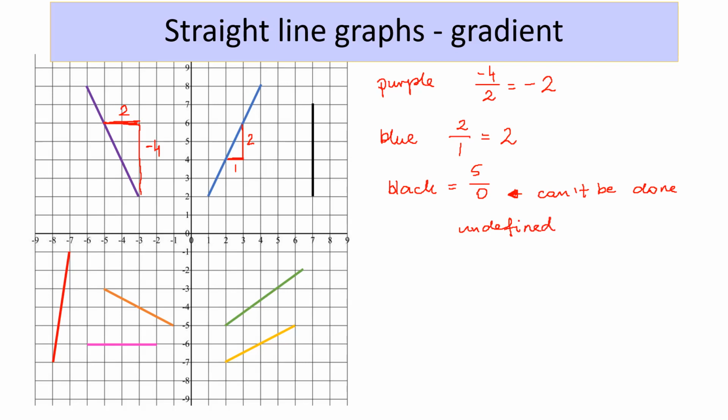Now let's have a look at the red line. If I try to draw my triangle like this, using a different color, then it's really difficult for me to read what the change in x is, because it's kind of in the middle of that square and my scale is not detailed enough.